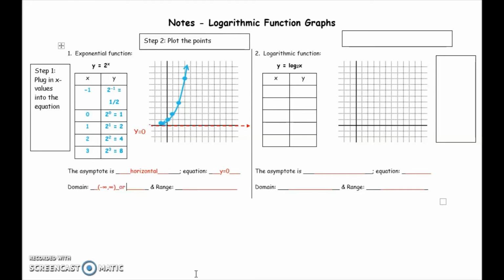Or you could say x is an element of all real numbers. I don't see our little element button that we normally use, so maybe I will just use that. And then where's our R?